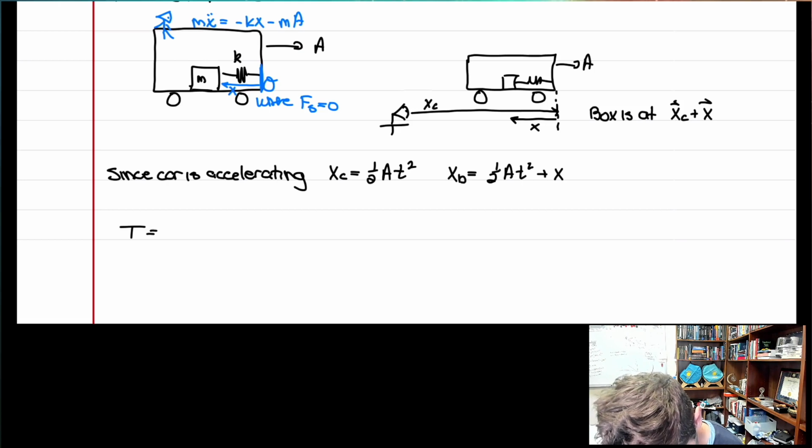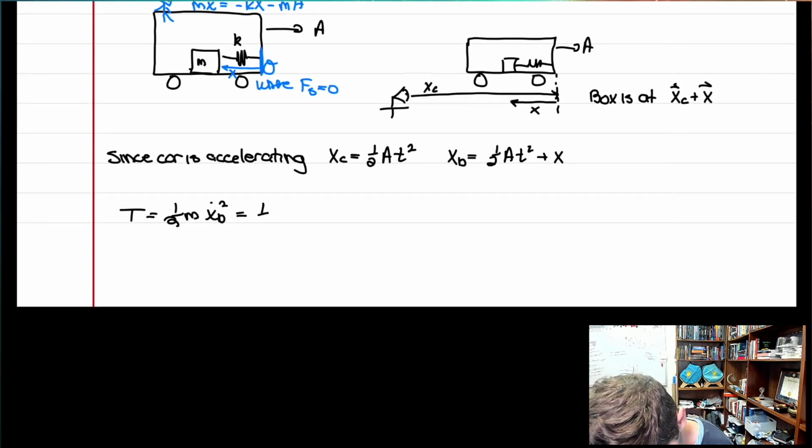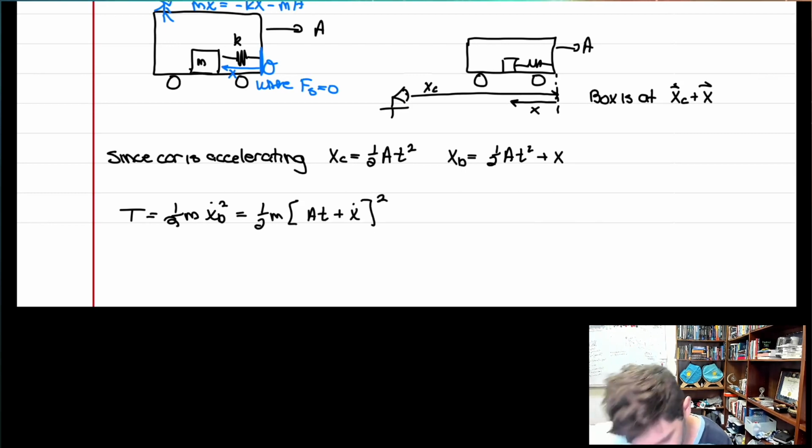So in this case, the kinetic energy is 1/2 m x box dot squared. So that looks like it's going to be 1/2 m (a t plus x dot) all squared.